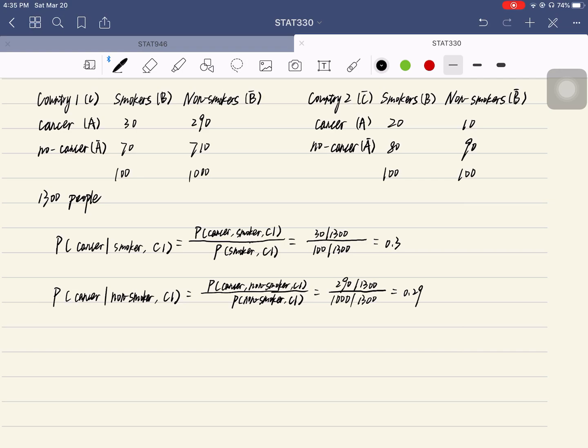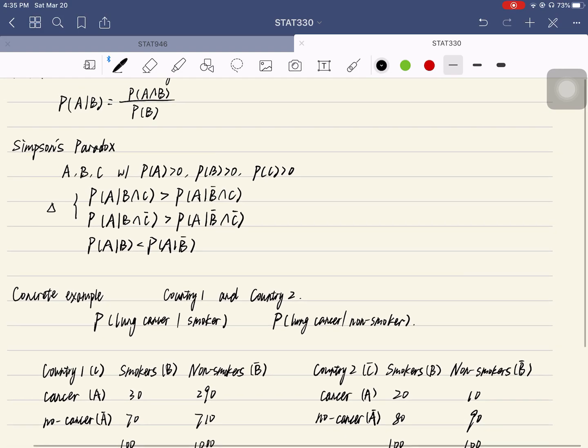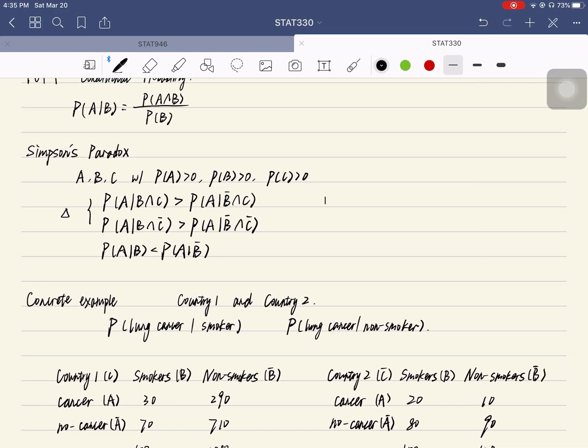From this you can see there exists a greater relation between the cancer given smoker in country 1 and the cancer given non-smoker in country 1. So the first inequality of Simpson's paradox held.